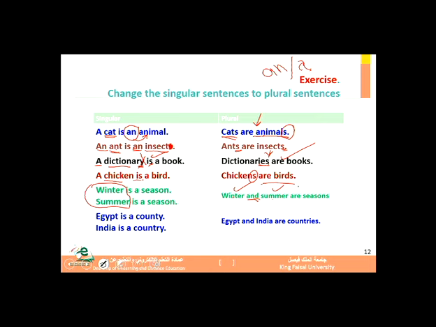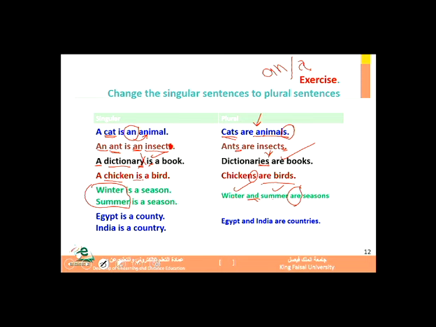And that's why we have winter and summer are seasons rather than is seasons. So winter is a season, summer is a season. When you have two singular nouns together connected by and, they become plural.